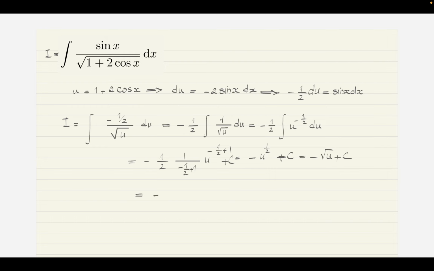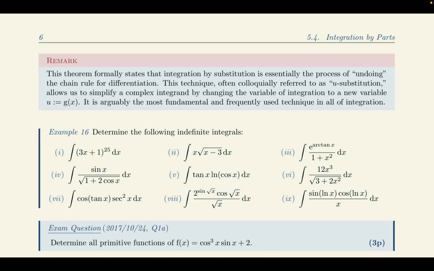So it becomes minus the square root of 1 plus 2 cosine x, and then I have plus c. So what does it mean? It means that this is the set of all functions whose derivative is this function. Yes? Okay, so now this is also a good question. Let us solve this one as well.